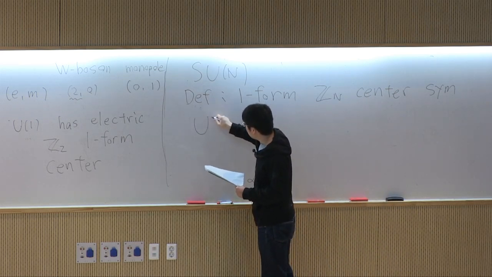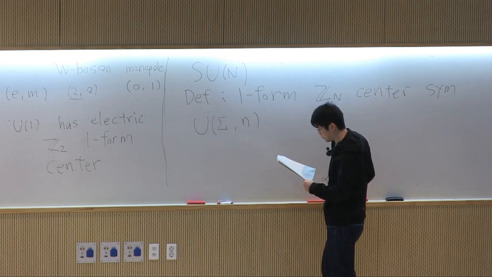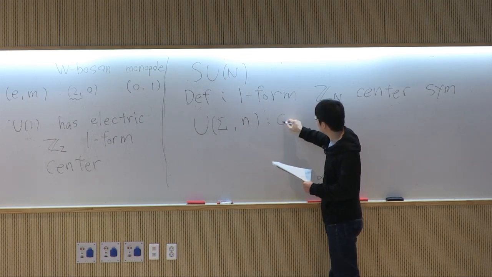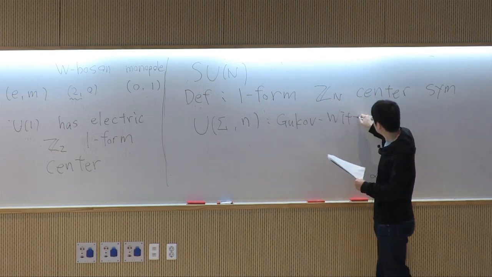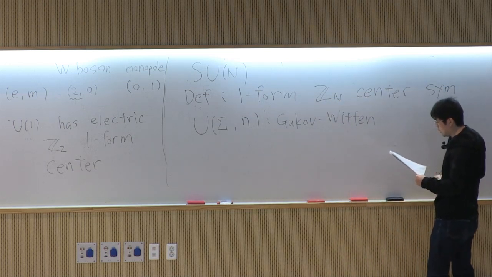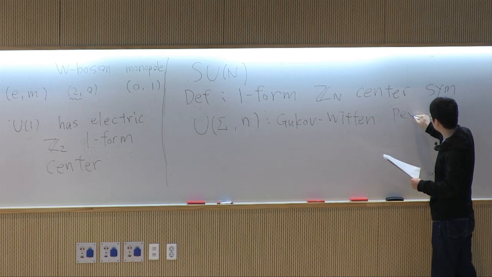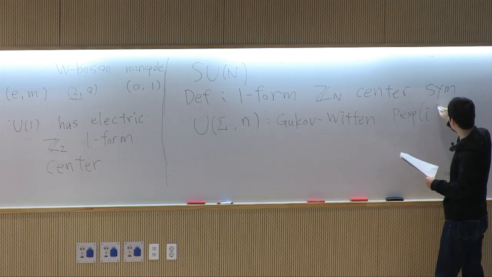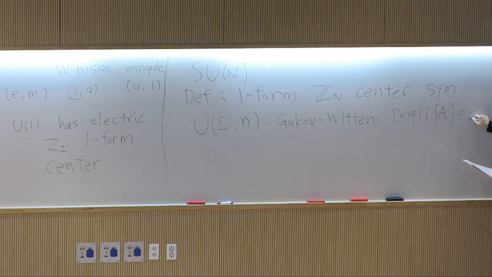The one-form center symmetry can be defined by a Gukov-Witten operator, such that the holonomy around the singularity is given by the center of the gauge group.